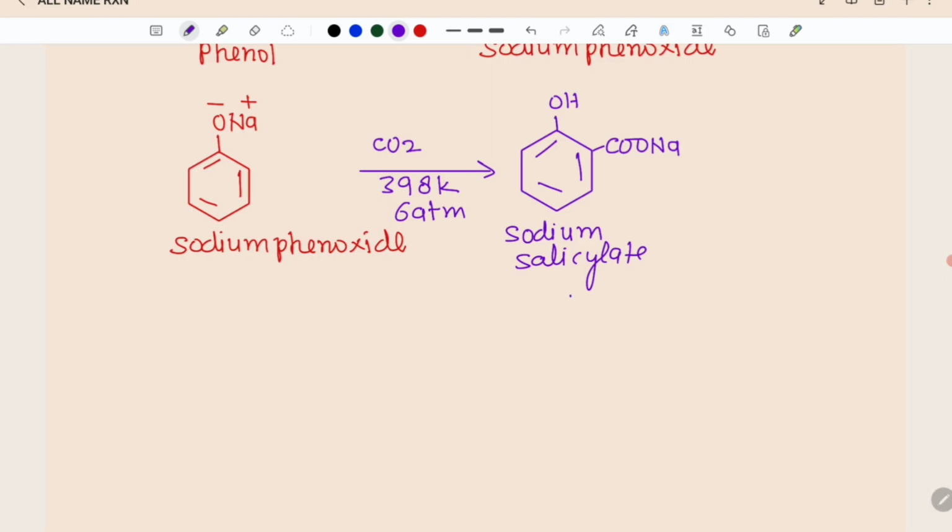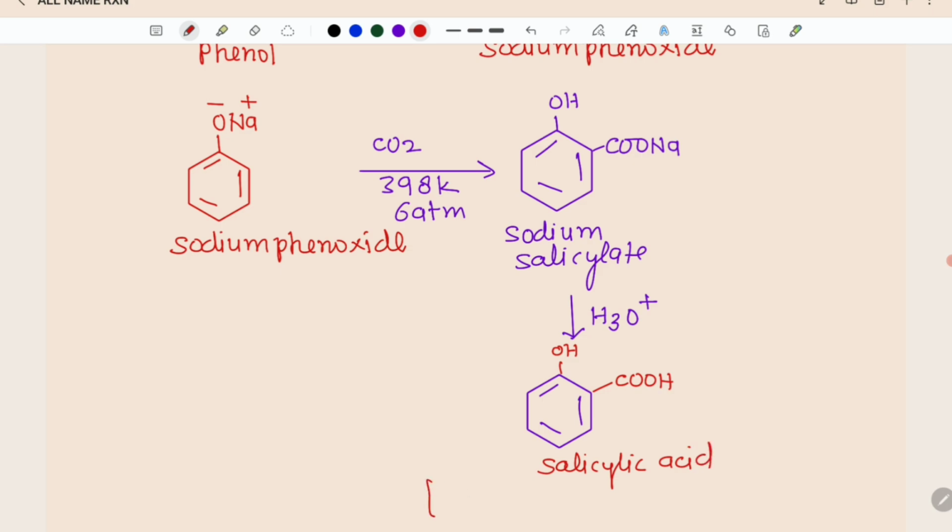gives salicylic acid. This compound is salicylic acid, or it is also known as ortho-hydroxybenzoic acid.